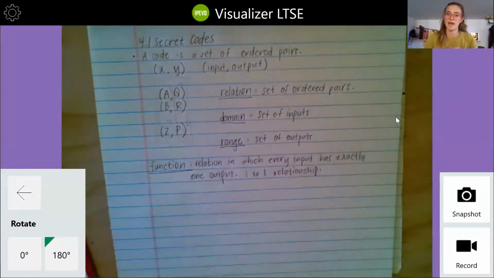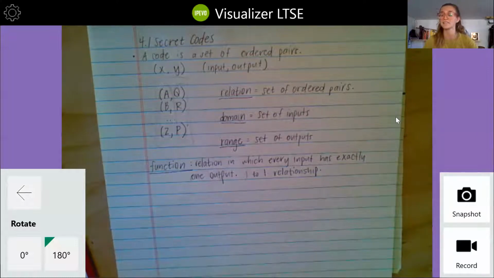Okay. And specifically in the context of secret codes, for a code to work, it has to be a function. This relates to one of your check for understanding questions on how codes are used all over our regular everyday world. This is where mathematics can get really exciting and interesting: the field of cryptography, of using codes to encrypt certain kinds of information. It can be used all over the place.